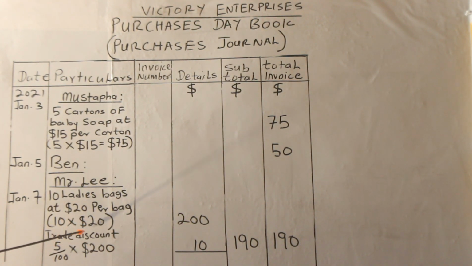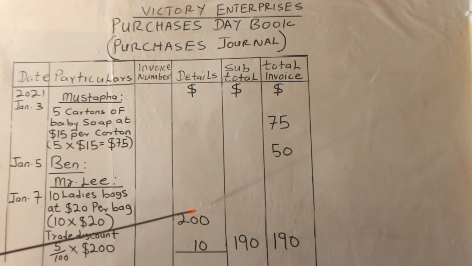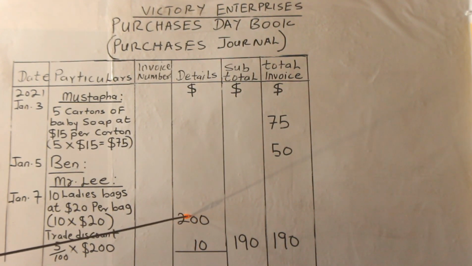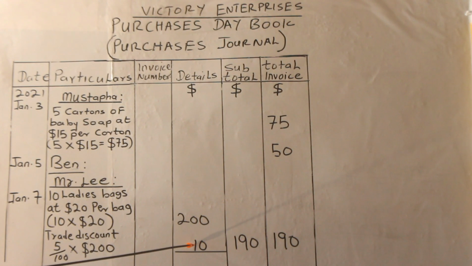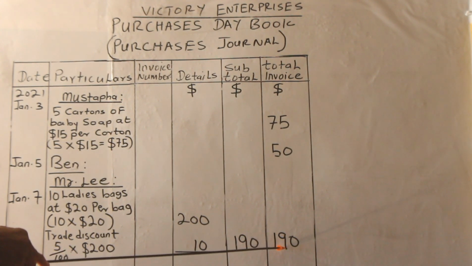Then we less the trade discount, which is 5% of $200. That gives us 5 over 100 times $200. That gives us $10. So you less the discount of $10 from $200. So $200 minus $10 gives us $190. We bring it under the subtotal and finally transfer it to the total invoice column.